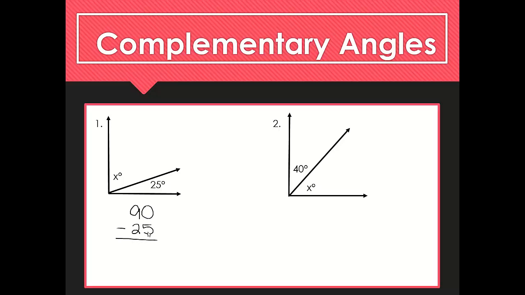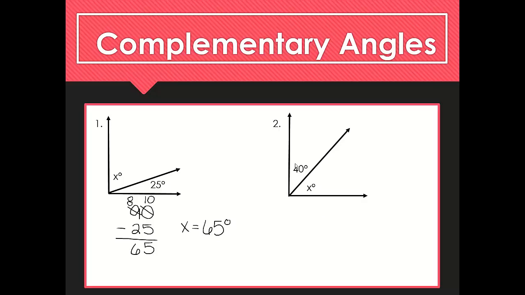We cannot subtract 5 from 0, so we will borrow from the 9, and it becomes an 8. And now our 0 becomes a 10. 10 minus 5 is 5. 8 minus 2 is 6. So x equals 65 degrees.